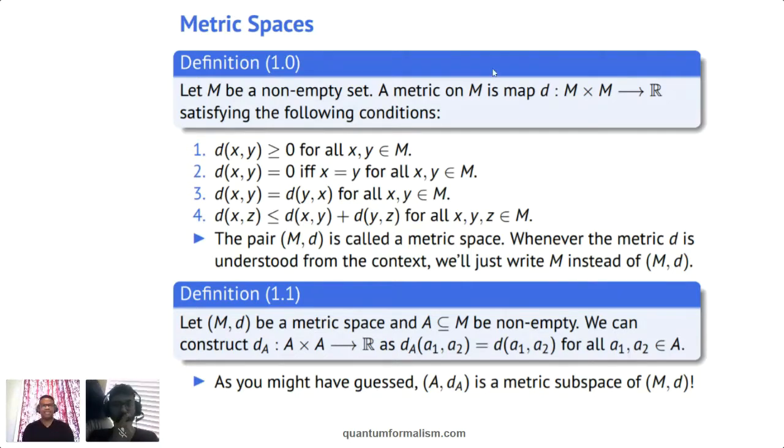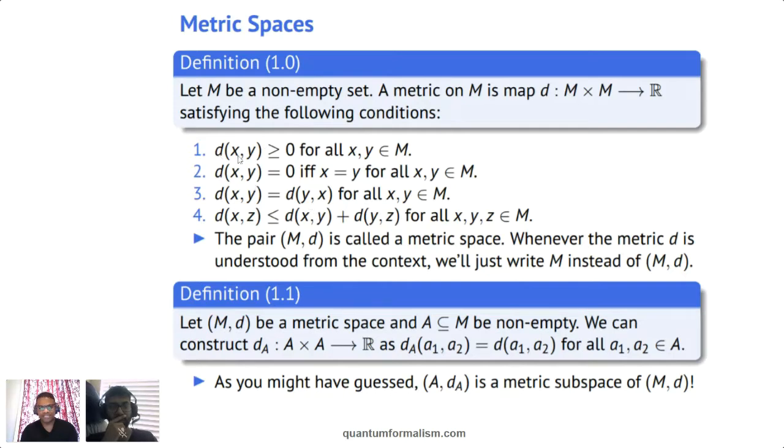Given a non-empty set M, a metric on M is a map we label D that goes from the Cartesian product of M to R. This is a formal way of saying this map D takes two elements of M and spits out a real number. And then it satisfies these three conditions.